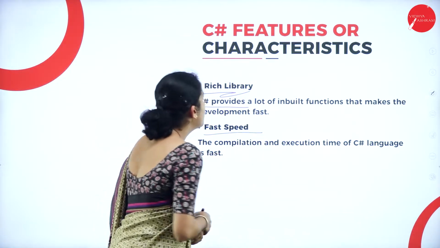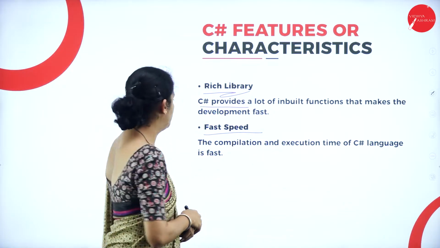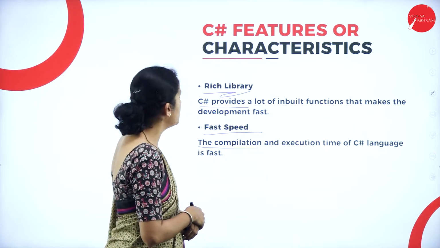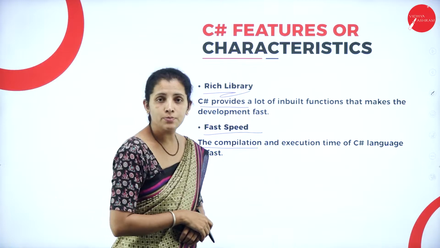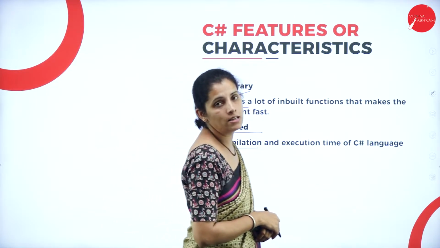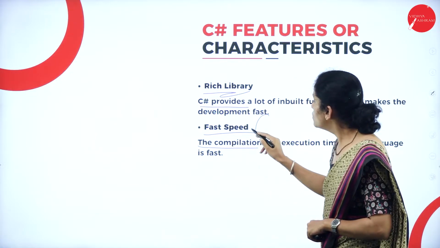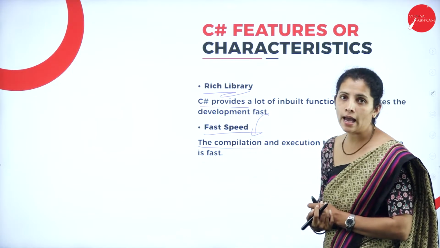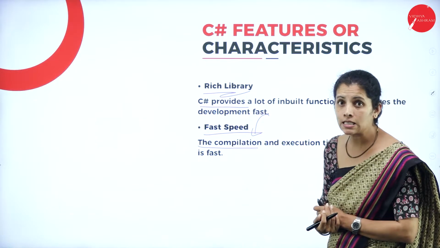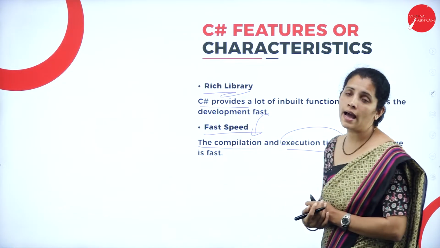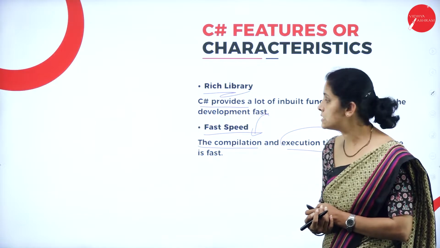Then, fast speed. The compilation and execution time of the C# programming language is very fast. To compile a C# program, it takes very little time, and to execute a C# program, it takes very little time.